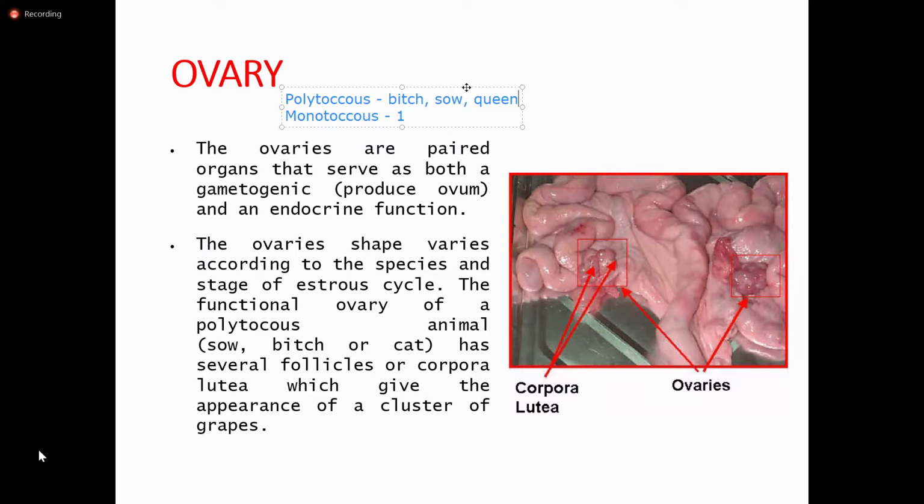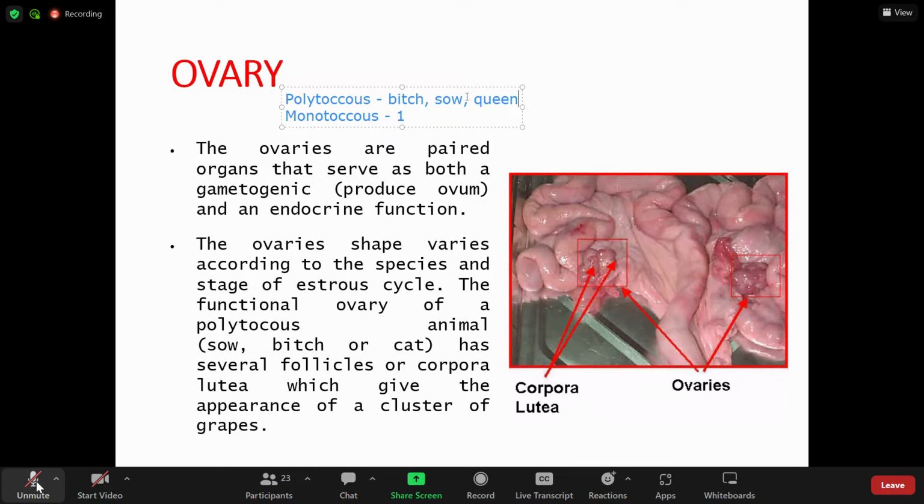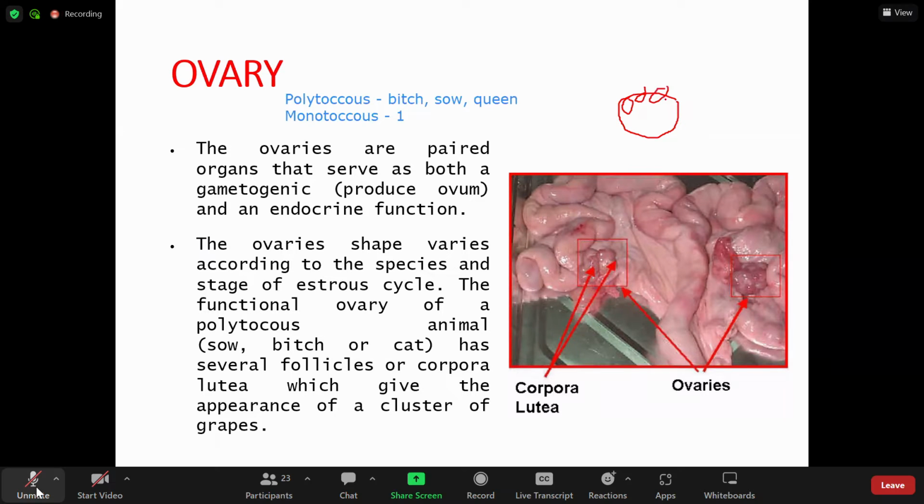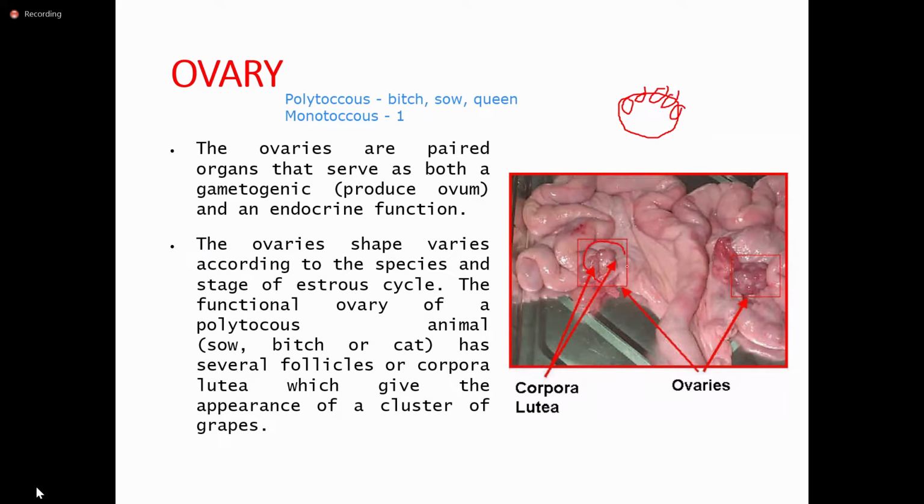But for the sow, this resembles a bunch of grapes. Say we have the almond-shaped ovary of a sow, but di ba na-describe natin na bunch of grapes siya? Parang makikita mo may mga bukol-bukol siya doon sa surface, like this one, no?